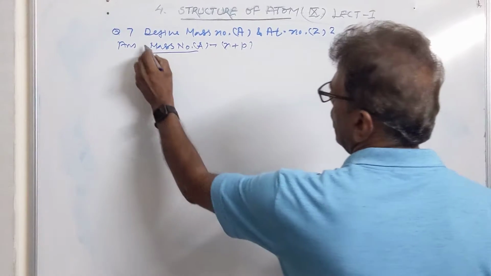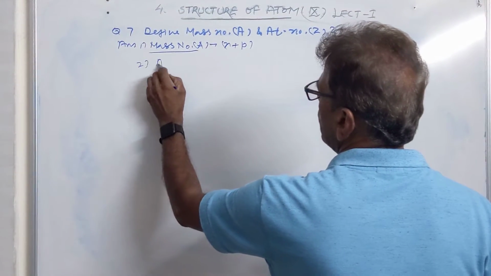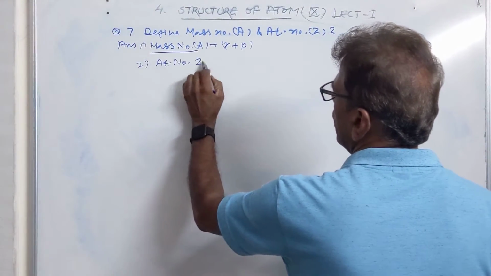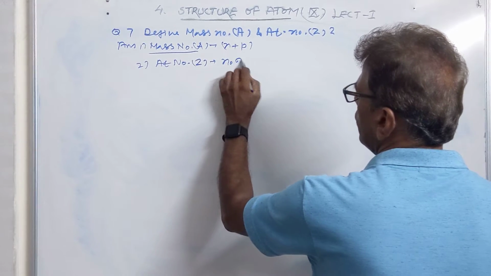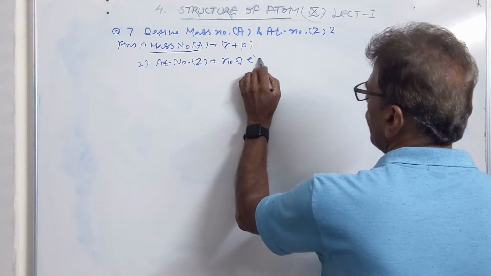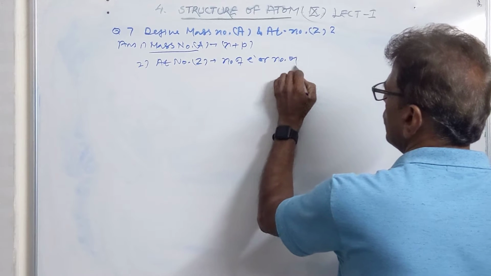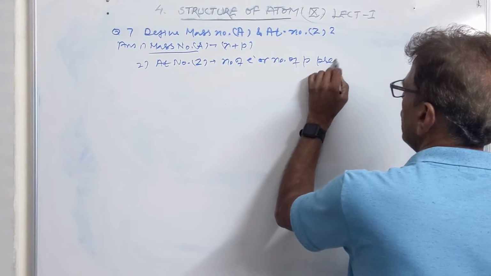Then we have the atomic number. It is the number of electrons or the number of protons present in an atom.